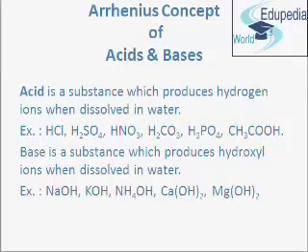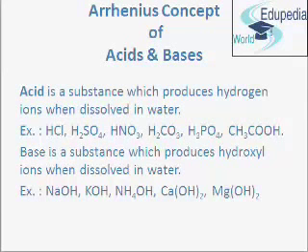Examples of acids are hydrochloric acid, that is HCl, sulfuric acid, that is H2SO4, nitric acid, that is HNO3, carbonic acid, that is H2CO3, phosphoric acid, that is H3PO4, and acetic acid, that is CH3COOH.